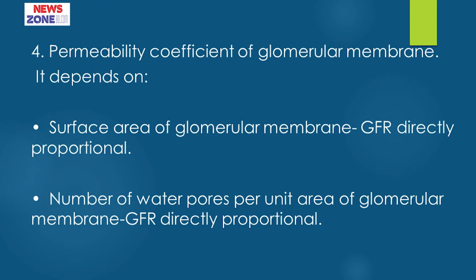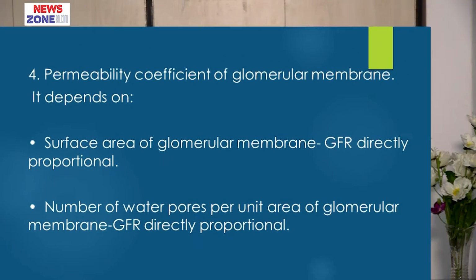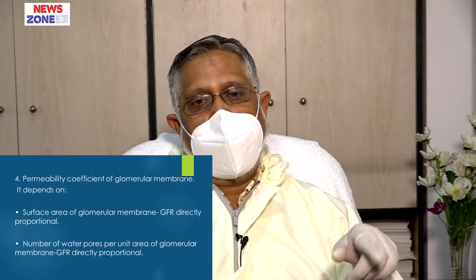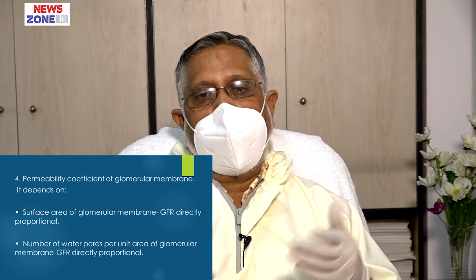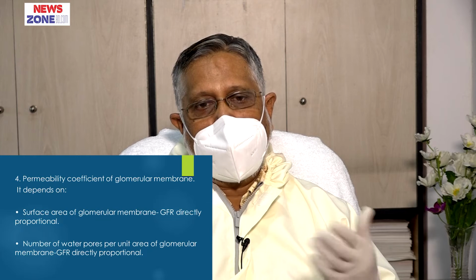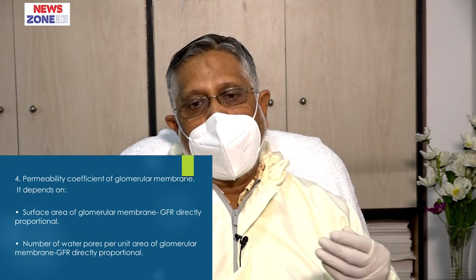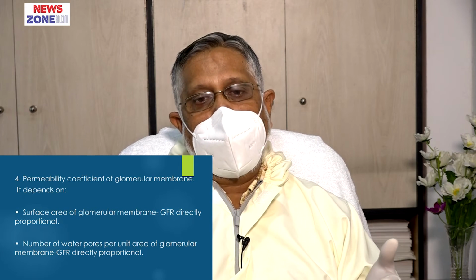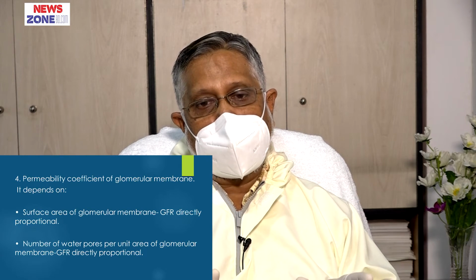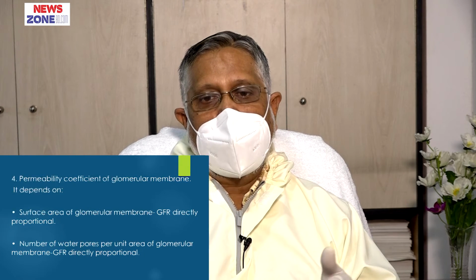Fourthly, permeability coefficient, which depends upon the surface area of the glomerular membrane. The more the surface area, the more the GFR. This is directly proportional. It is quite natural. If the surface area will be more, the glomerular filtration rate will be more. And if the surface area is less, then the GFR will also decrease.